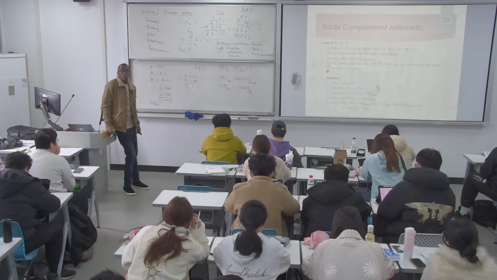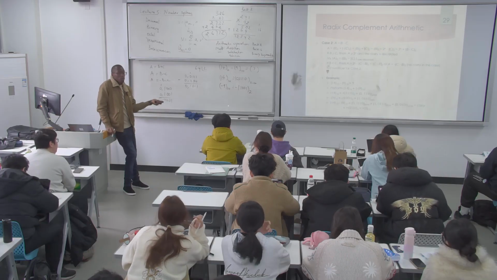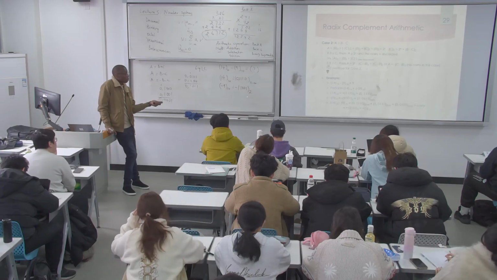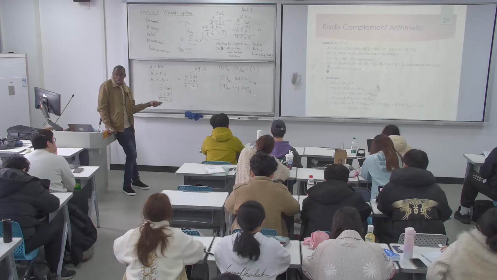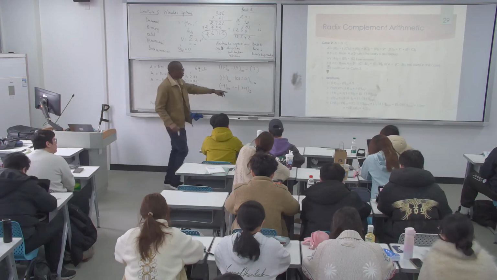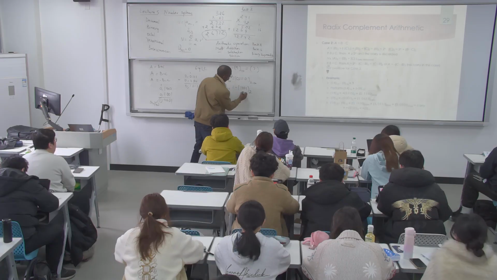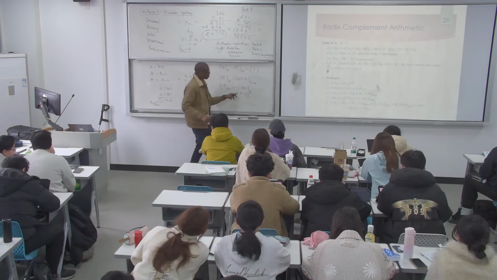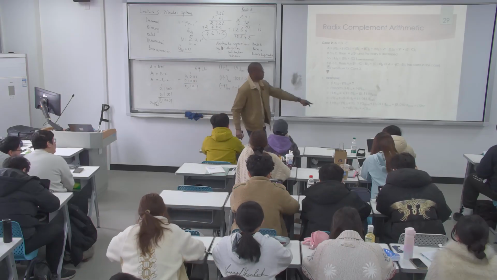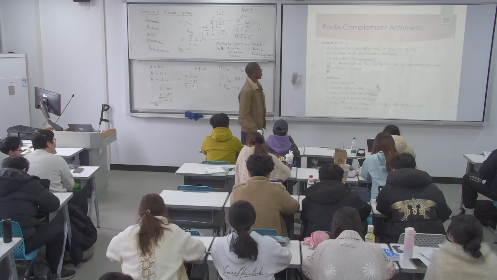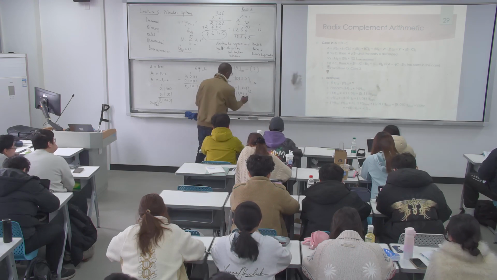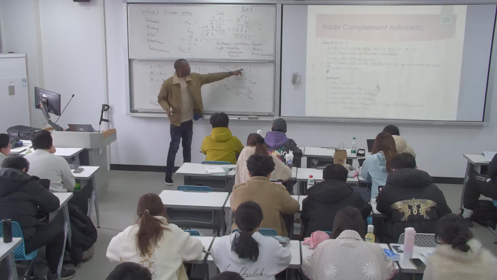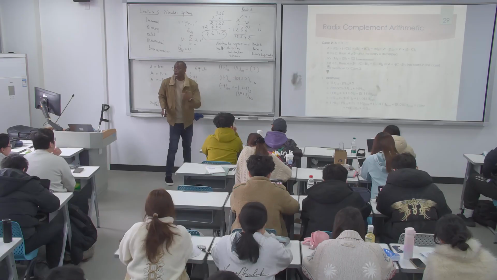So how much is it? 0, 1, 1, 1. Very good. But because it's a negative number, we need to add a 1 in front. That is the 2's complement.